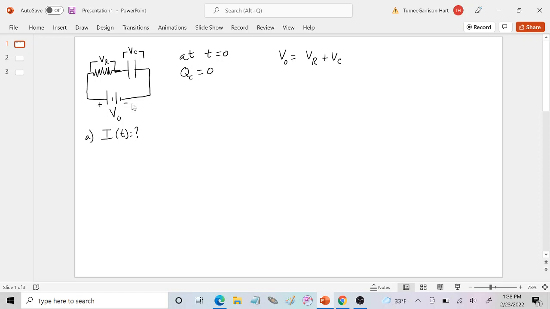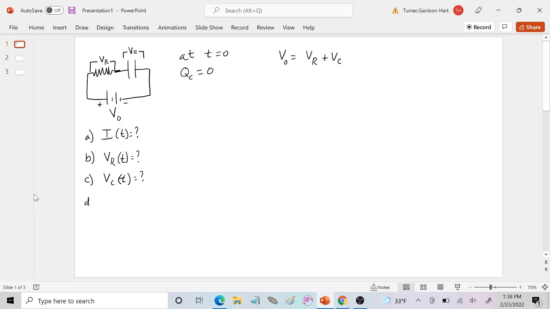So how does the current change with time? If the current changes with time, then that means that the voltage across the resistor is also going to be a function of time. And by that same token, the voltage across the capacitor will be a function of time.